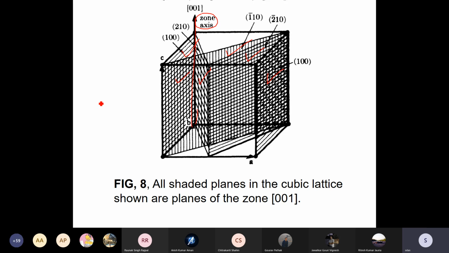So what will be the value of sine theta and then theta? Now we are solving simple Bragg's law and determining the angle at which you will get the diffracted beam, or the diffraction will take place. You will satisfy Bragg's law.